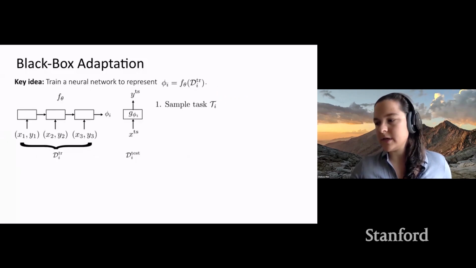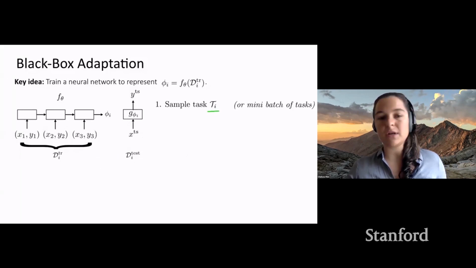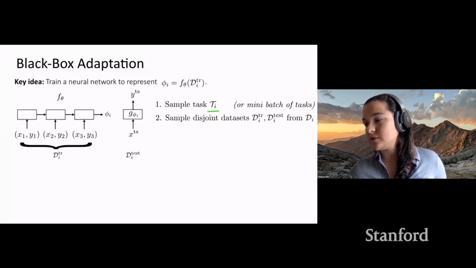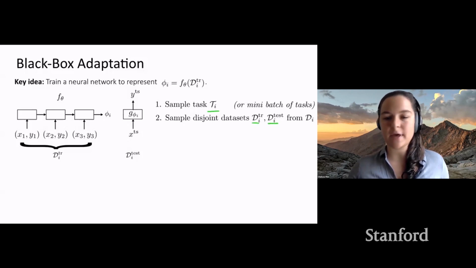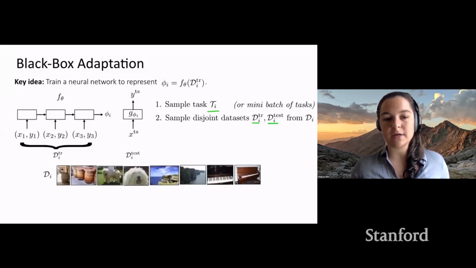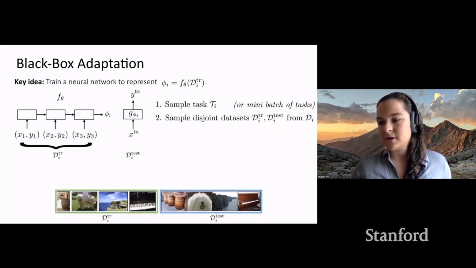So what this looks like is you'll sample one task or a mini batch of tasks. You will sample disjoint data sets, D_train and D_test, from the data that you have for that task. So maybe the data that you have for this task looks like something like this. Then you'll put this into a D_train and a D_test.